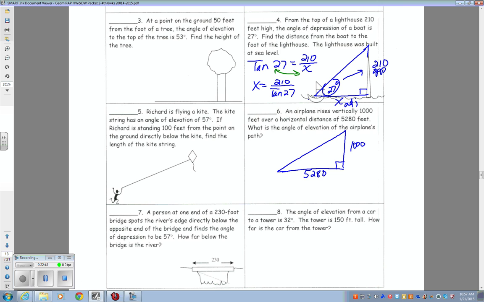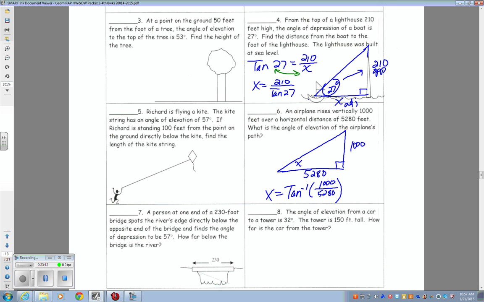What is the angle of elevation of the airplane's path? We're using tangent again, but now we're trying to find the angle, so we're going to use the inverse. So x is the tan inverse of 1,000 over 5,280 to get the angle of elevation.